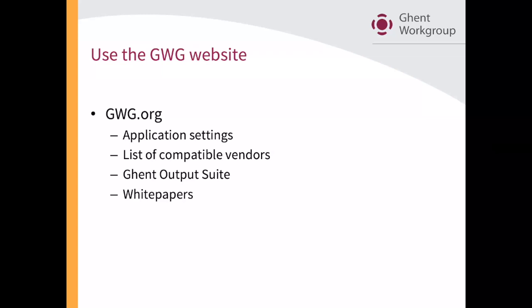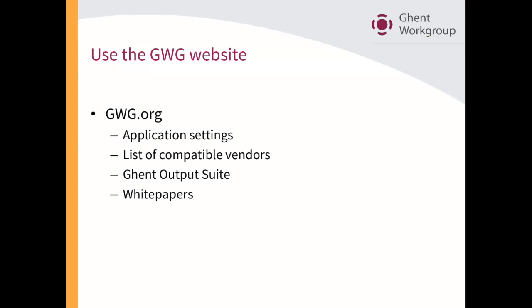And so there is a list of vendors that have done that and that are compliant, and then have instruction documents there on how the settings should be done, how the solution should be set up, what preferences should be on or not, in order to be compliant when PDFs are output, for example. That Ghent Output Suite is also just available for free on the Ghent Working Group website. You can download it and you can use it to test your own output process with it, for example.